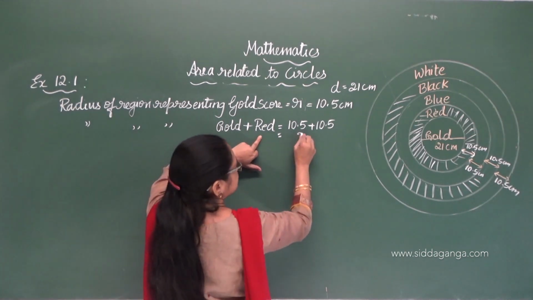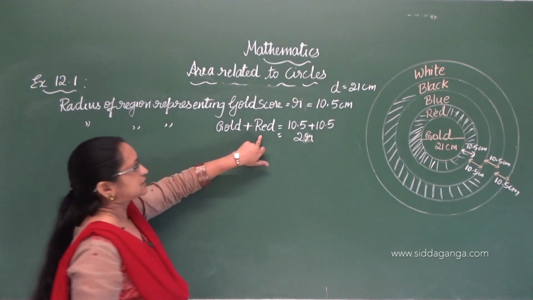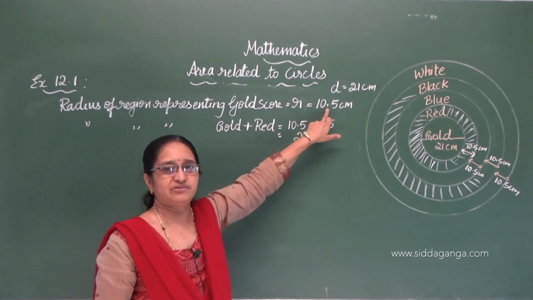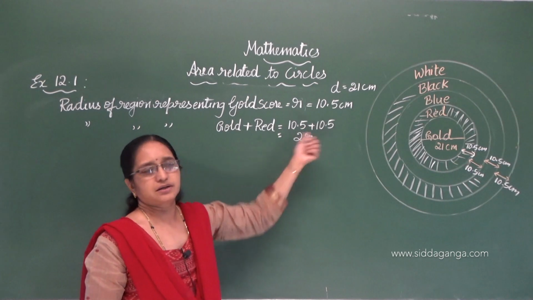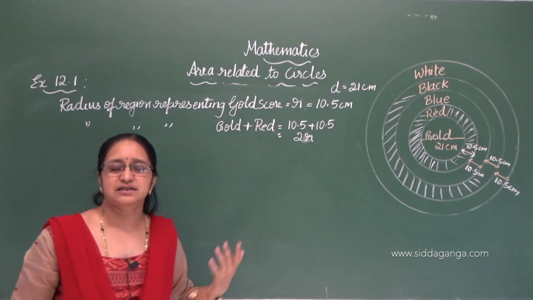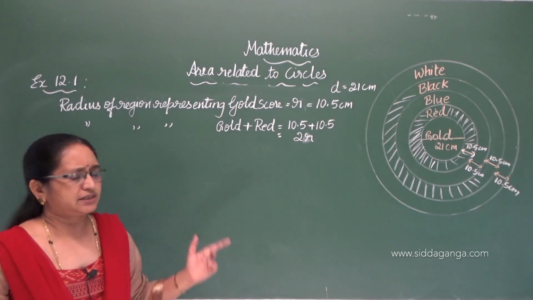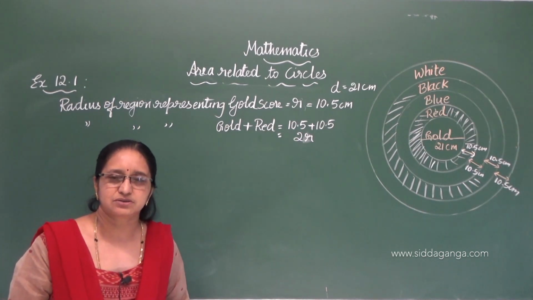Or can I write it as 2R? Because R is 10.5, so 10.5 plus 10.5 is 2R. Why am I taking this? To make the calculation a little simpler, that's it. You can do it by any other method also, if you are convenient.